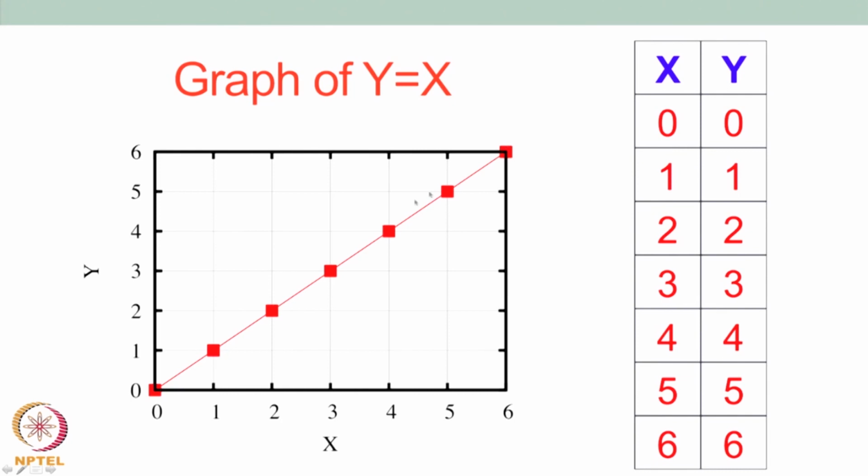So, this is a straight line which is passing through the origin, right. And we have essentially plotted this table as a graph. So, there is a table and a graph, and they are related with each other, and this relation is called a function. This is also the simplest equation that one would typically think of.